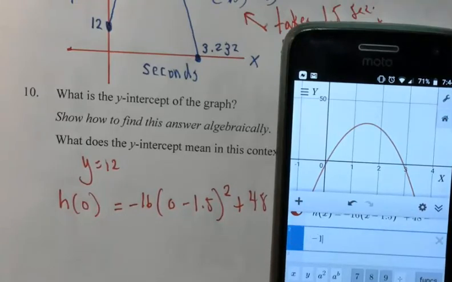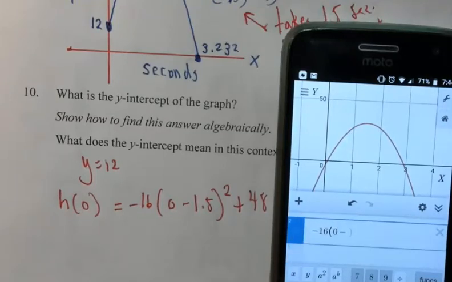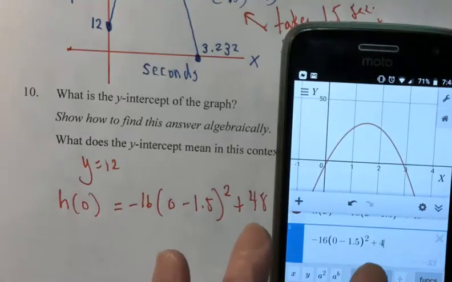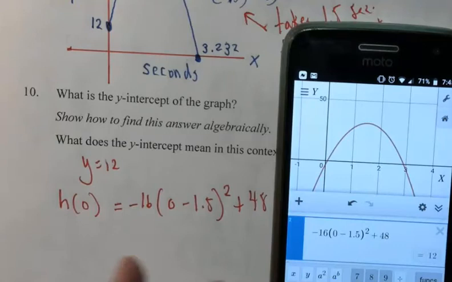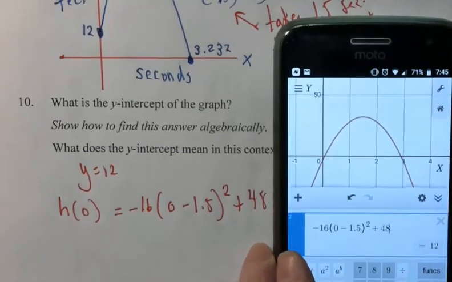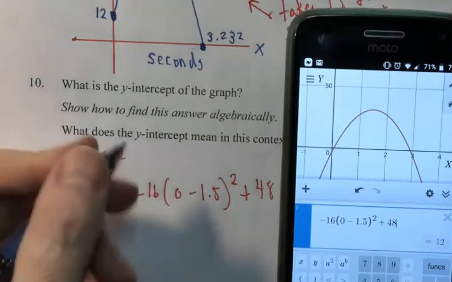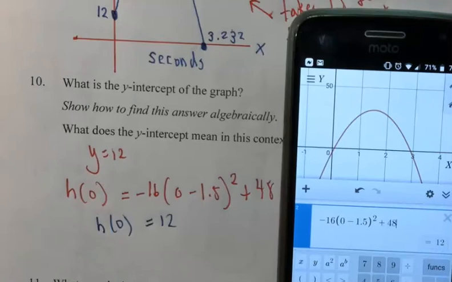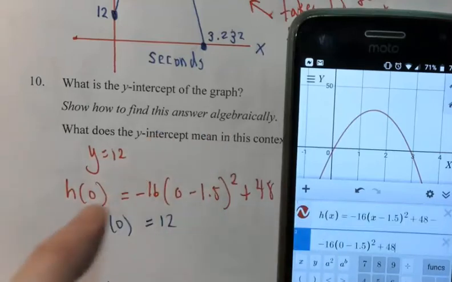Negative 16, open parentheses, 0 minus 1.5, close parentheses, square that, and then add 48. And so when you press enter, you don't even have to press enter. It's going to display the result 12 on your screen. So h of 0 is equal to 12.